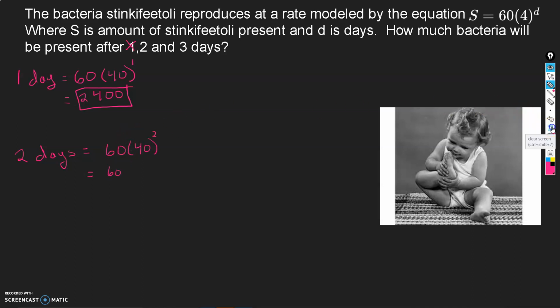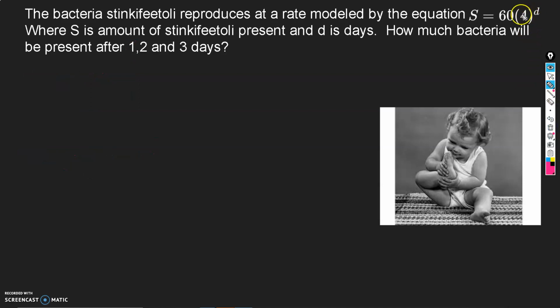Let me trash all of that and actually do it with 4 because that's the problem. I was going to say there's way too many Stinky Feet Oli here. Let me back up because that was not the function. So we'll do 1 day again. This is why you really need to pay attention. There's no way you should have that many bacteria.